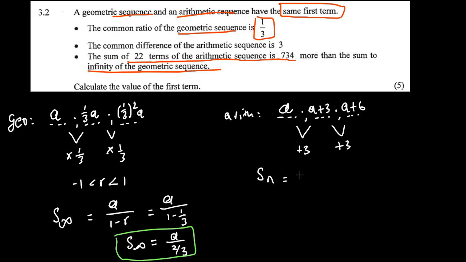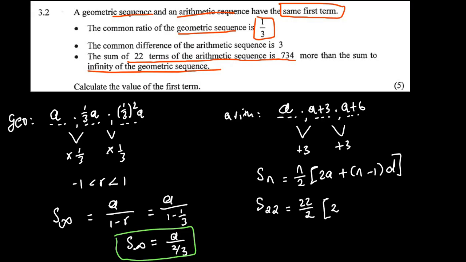S of n is equal to n over 2 times (2a plus (n minus 1)d). I'm using this one because they talked about the sum of an arithmetic sequence. The sum of 22 terms is going to be 22 over 2, then you have 2a. I don't know the first term, by the way, but I know n is 22 because I'm adding 22 terms, and I know the difference is 3.